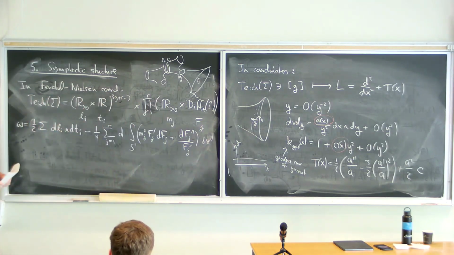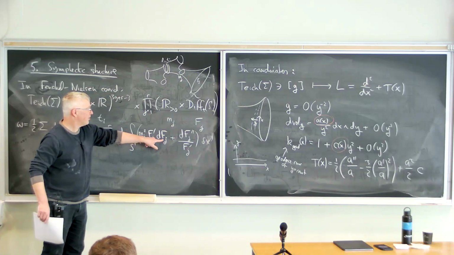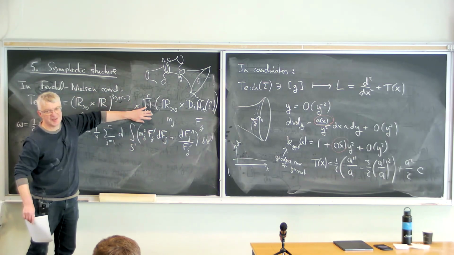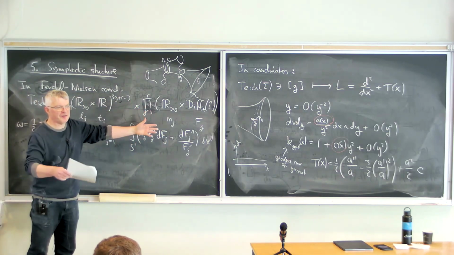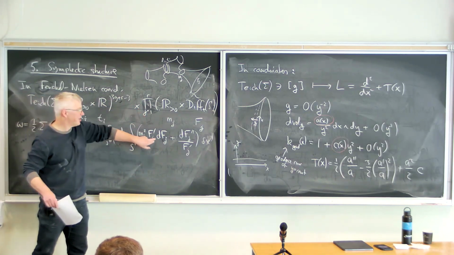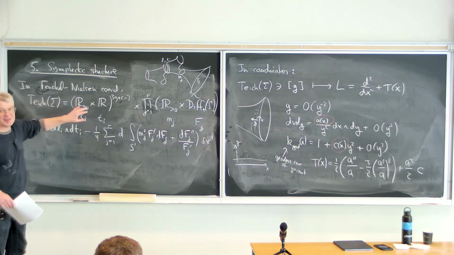Okay, one has to think a bit about what all these things actually are supposed to mean. So these f's are somehow thought of as functions on the space. And when I write d of f, then it's a one form on the space. So this is basically the exterior differential on this infinite dimensional space.